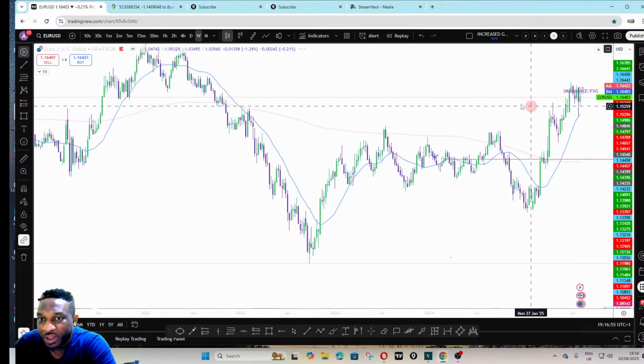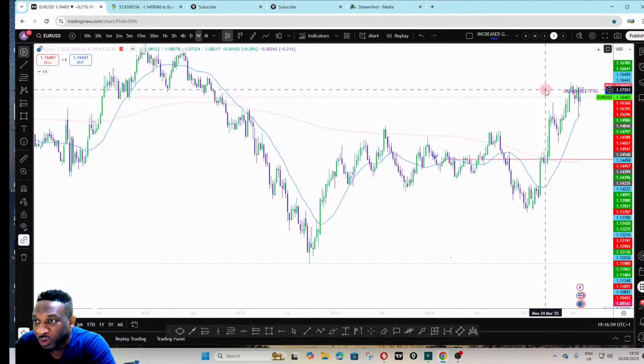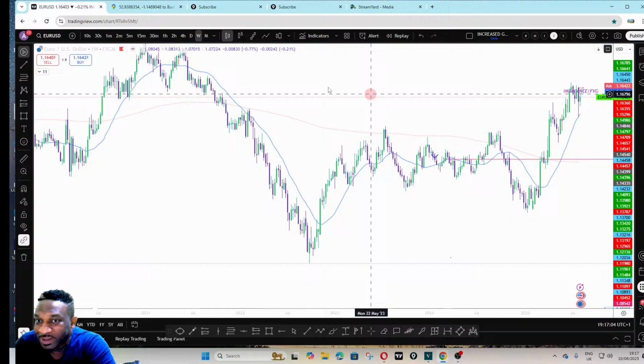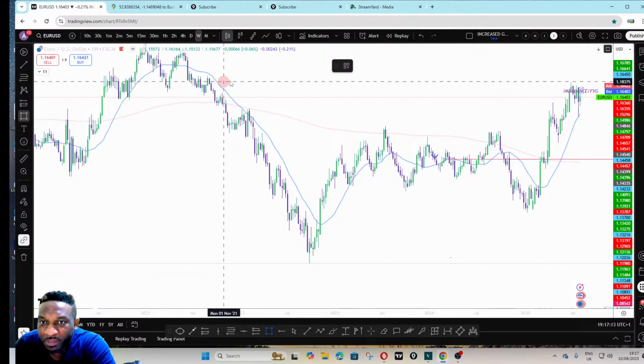So if we do the same thing as we did on the DSY, from this point on we can identify this area of imbalance.